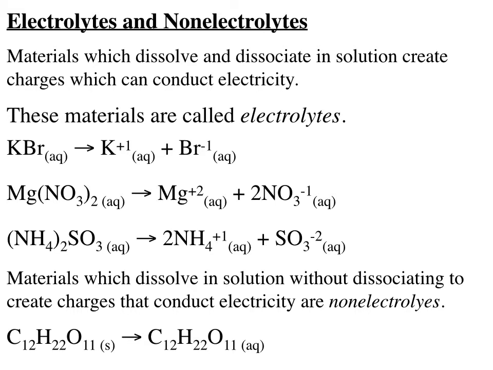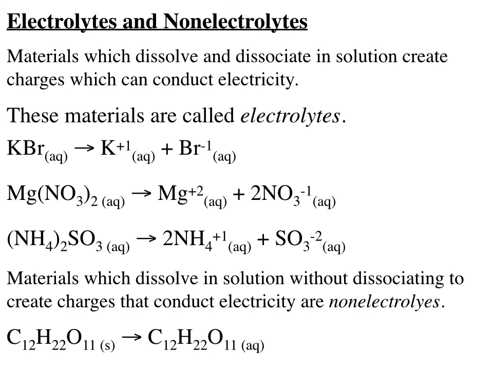Now, of course, one of the things I'm going to be requiring is that you can write these balanced equations for the dissociation of these compounds in water. So you should recognize from the way KBr bonds, because K is in column 1 and Br is in column 17, that they have a +1 charge for the potassium and a -1 charge for the bromine.